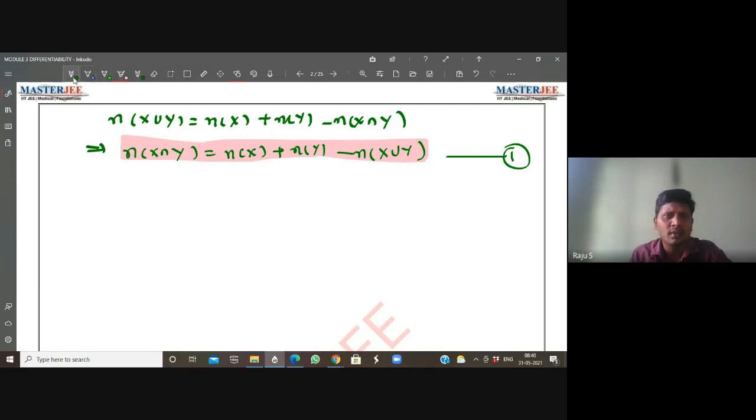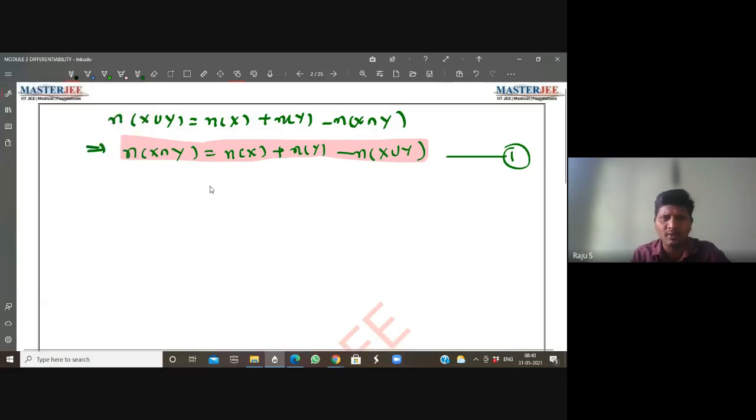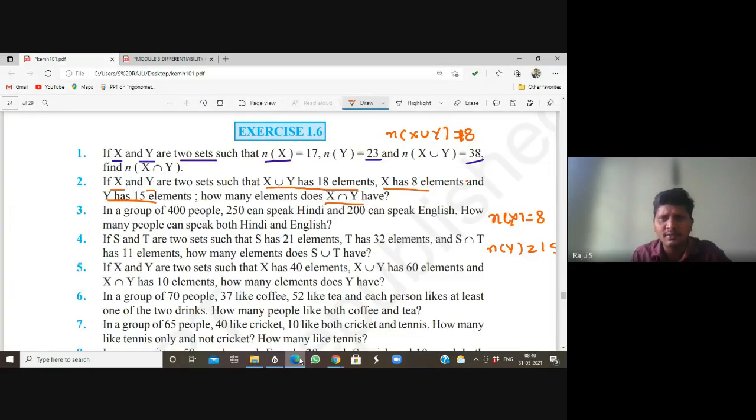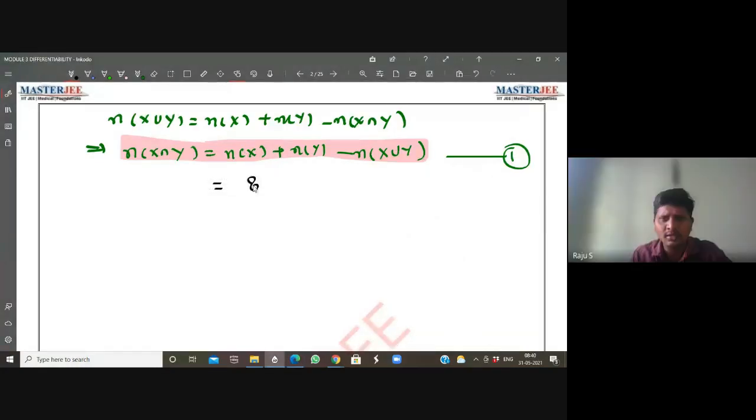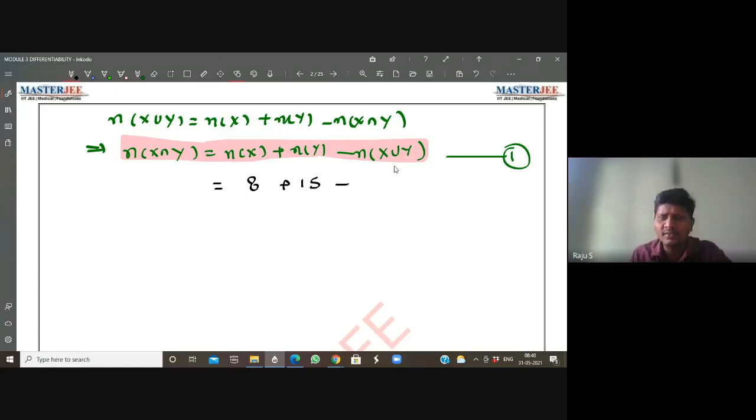Fine. So all values are given here. n of X is given, n of Y is given, n of X union Y is given. Substitute the values. In the question, X is having how many elements? 8 elements, sir. 8 plus n of Y, 15, minus n of X union Y, 18.